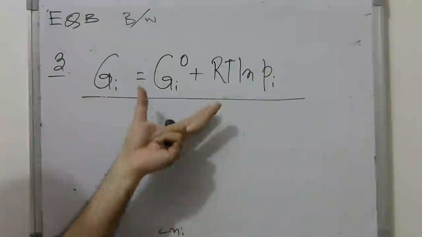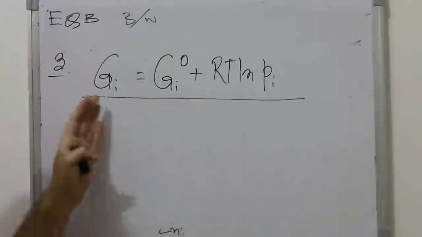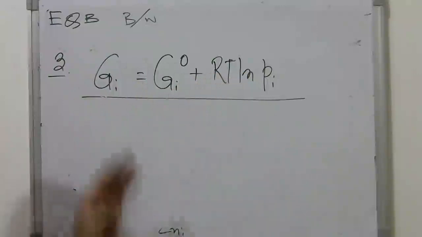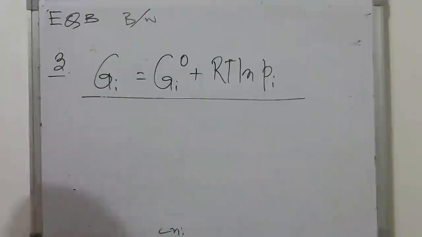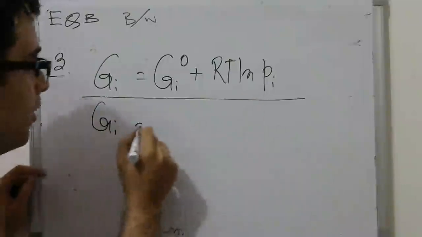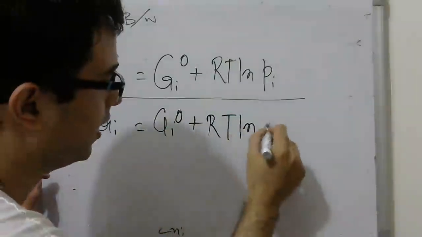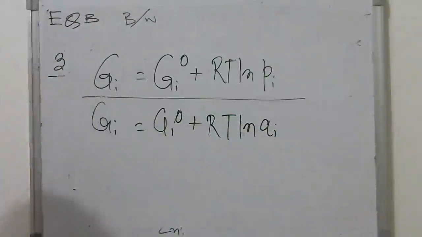So the free energy in terms of the standard free energy and its partial pressure in the system. So Gi is given by Gi0 plus RT ln Pi. Similarly, just remember the similarity: if it is not a gas, let's say it's a solid or a liquid, Gi is Gi0 plus RT ln Ai, where Ai is the activity of the component in the system.